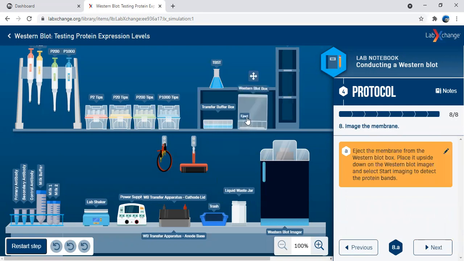Now I gotta eject the membrane and place it here and start imaging.